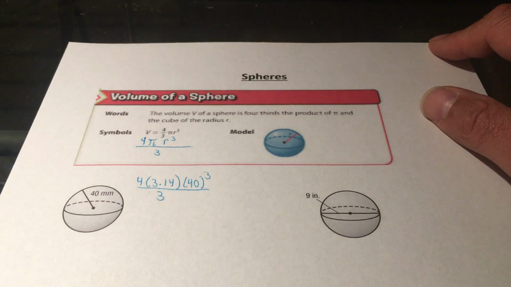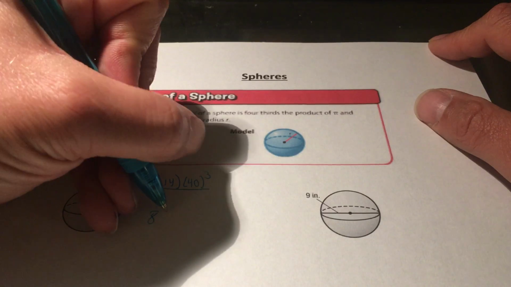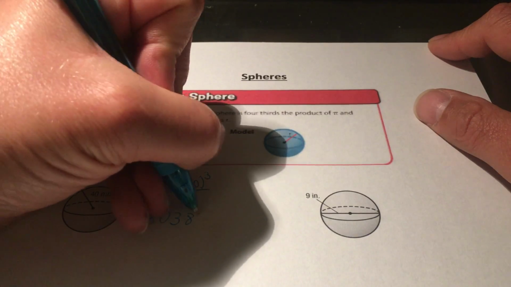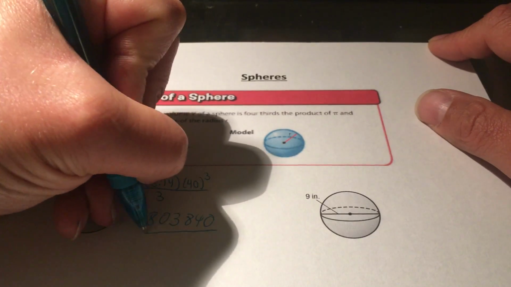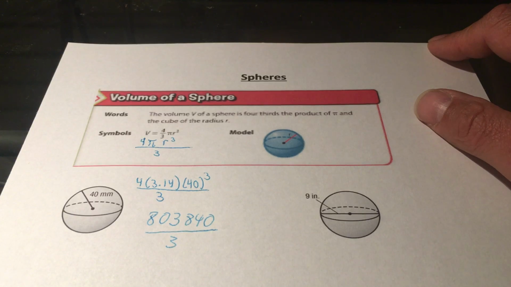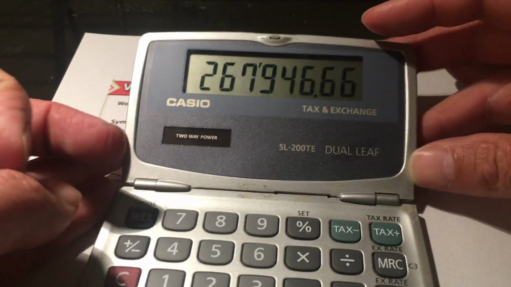So now when I start to plug it in, I take my 40 to that third power, times it by the 3.14, and times it by the 4. And I'm going to take that and now divide it by 3. And when we do that, we get this number right here.